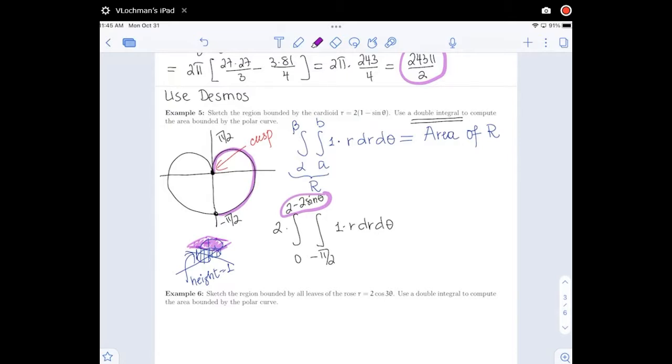So let's go ahead and switch the order. We're gonna go from 0 to 2 minus 2 sine of theta, 1 r dr d theta, and then this will be from negative pi over 2 to pi over 2.